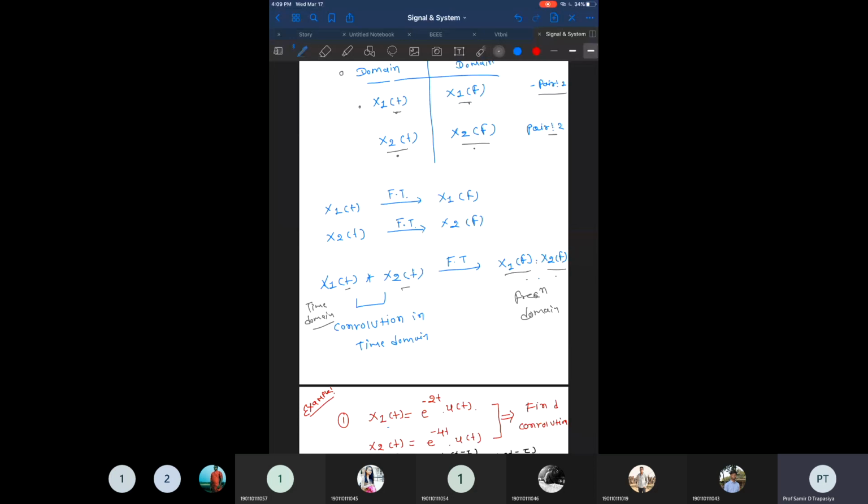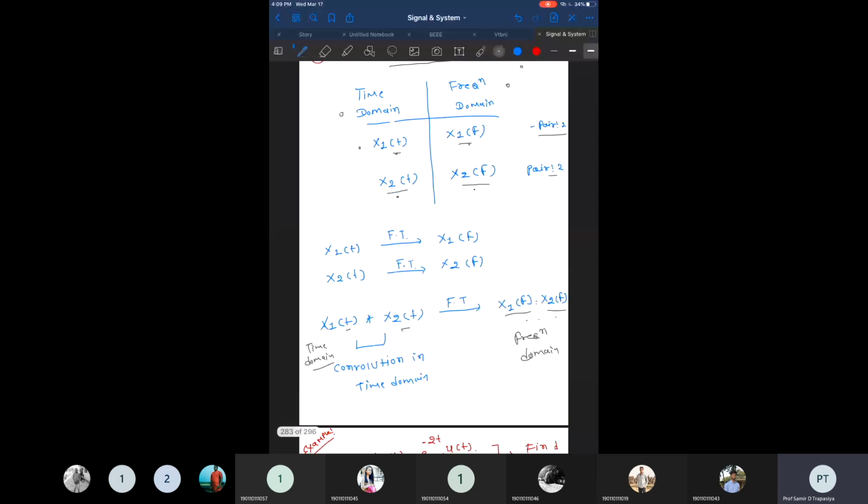And then finally we went through the last property, the convolution property, which tells us that if the convolution operation is applied in the time domain, it is equivalent to multiplication of the Fourier transforms in the frequency domain. So this part we have done. A few more examples that we have already solved, we will take a look at in the next lecture. From tomorrow's lecture, we will go through a few examples of convolution in more depth before we start the new session.